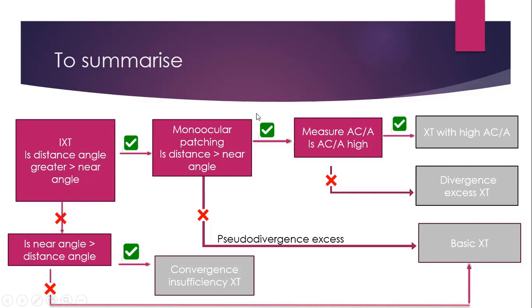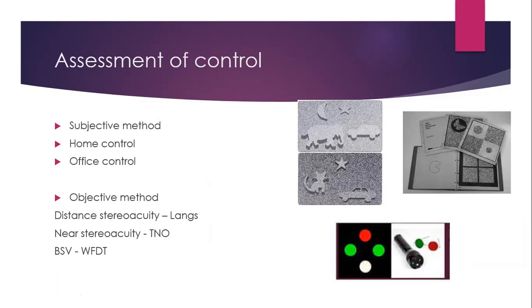With monocular patching, if the angle is still more, then we check the AC/A ratio. If with the +3 add the XT is better, then it is a case of exotropia with high AC/A ratio. If the XT stays the same, then it is the divergence excess type of exotropia.